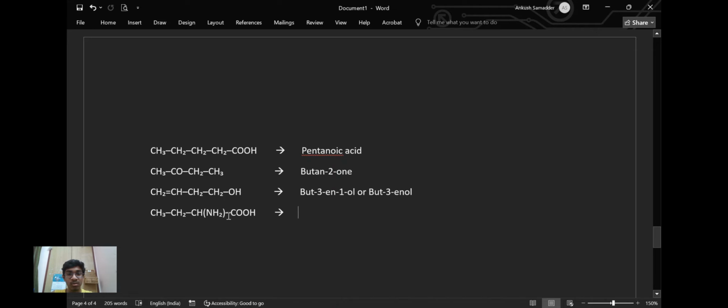We just cannot write both of these as the suffix, because it will be kind of messed up. So we'll not write both of these as the suffix.